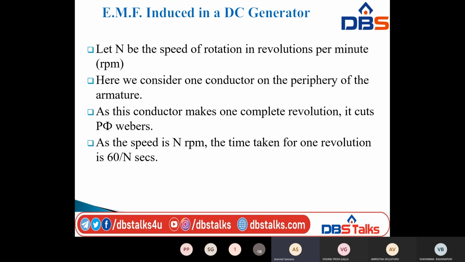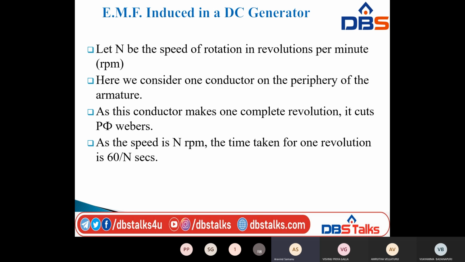But here I am taking the time taken for one revolution in seconds. That means it is converted into seconds, that is 60 by N. Per 1 minute we have 60 seconds. So depending upon that, the time taken for one revolution is 60 by N seconds, since the speed is N rpm.